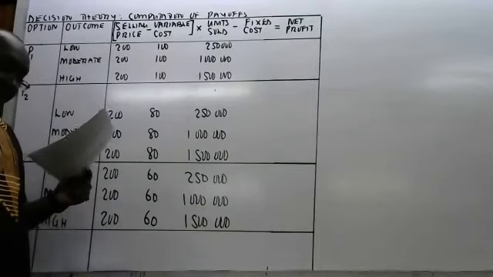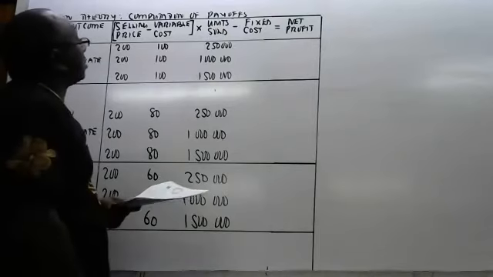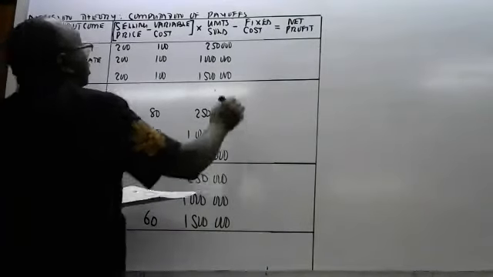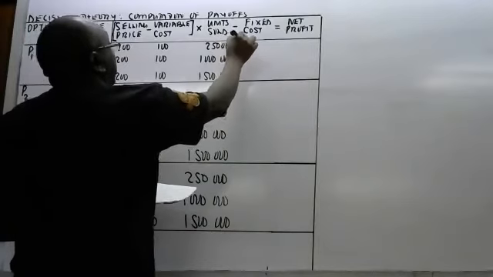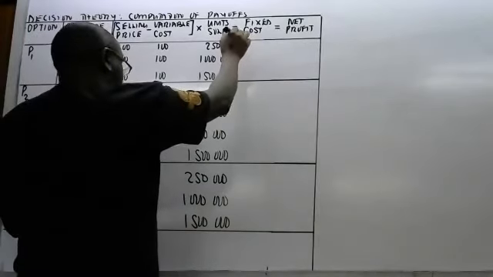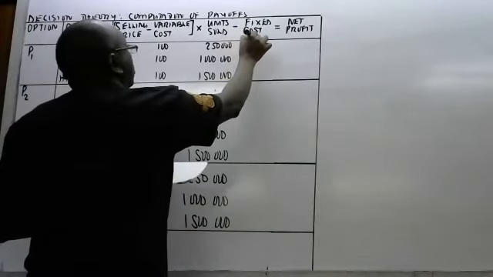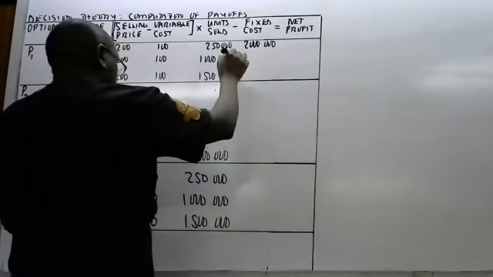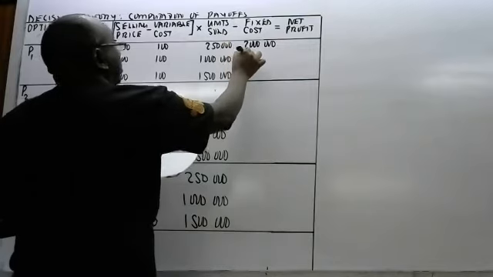And then the fixed costs. The fixed cost, I have 2 million for pen 1.